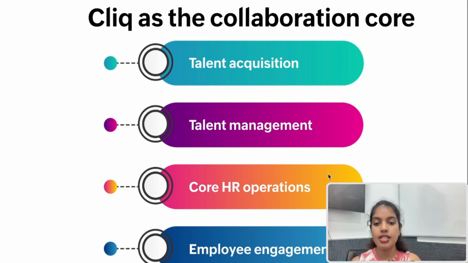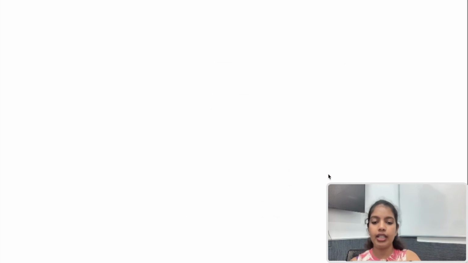And finally, is employee engagement, the culture side of things, where Cliq helps build connection, community, and a real sense of belonging. So across these 4 areas, you'll see how Cliq really acts as a collaboration core for People Plus. Before we dive into those 4 buckets, let me quickly show you of what really looks like in practice.